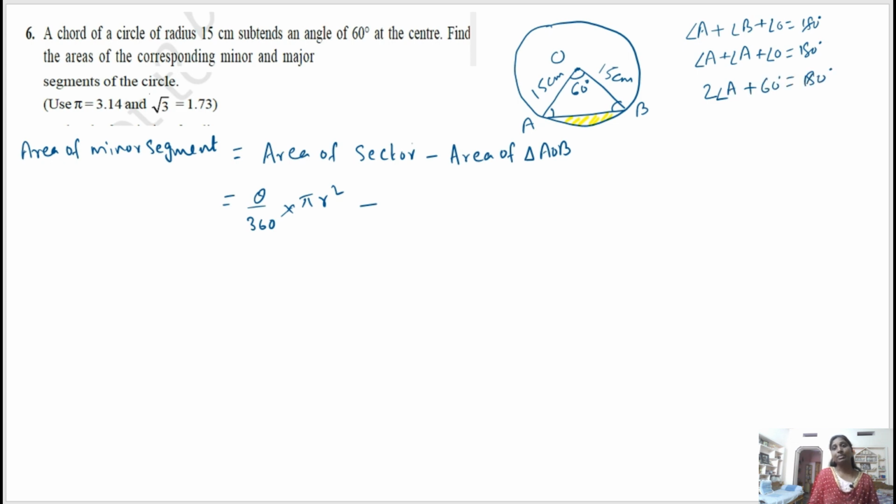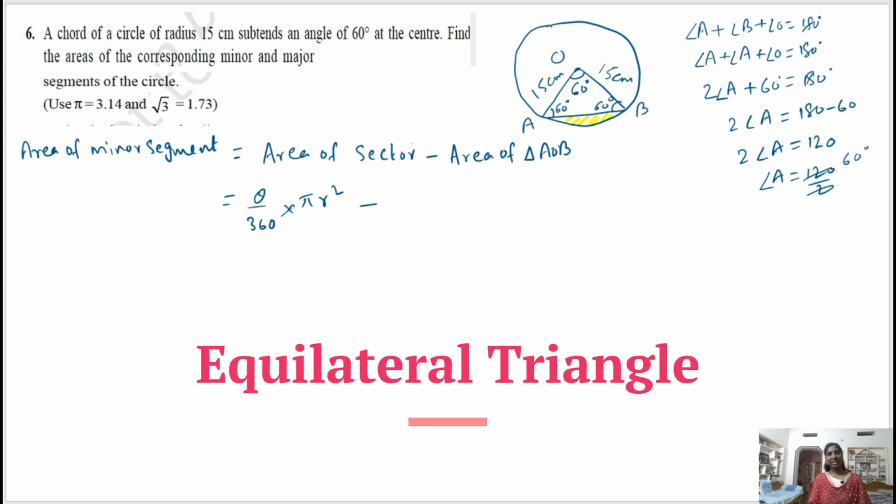It means 2 angle A is equal to 180 minus 60, which is 120 degree. Angle A is equal to 120 by 2, which is 60 degree. Angle B is also 60 degree. It means it is an equilateral triangle. Now let me erase it.